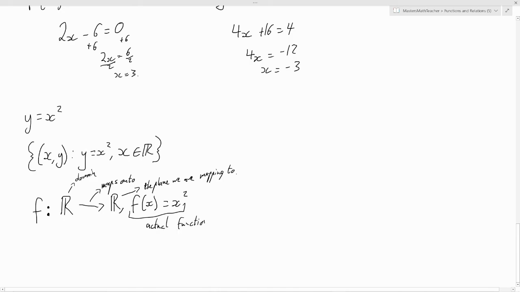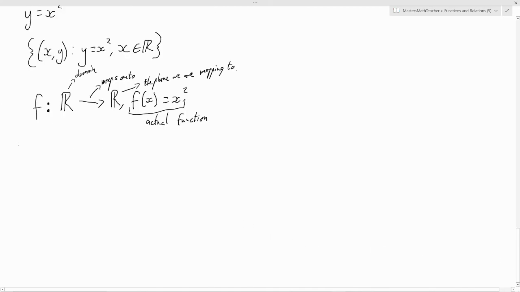Okay, let's do some examples with that because there was a lot in that. However, it's really not that complex. We just do the same process every time. So let's try a different one. Let's try y equals 2x plus 4. So we're going to take a function. So we're just going to say f. Again, this could have been g, could have been h, could have been a. We're going to say f such that we're going to write the domain.